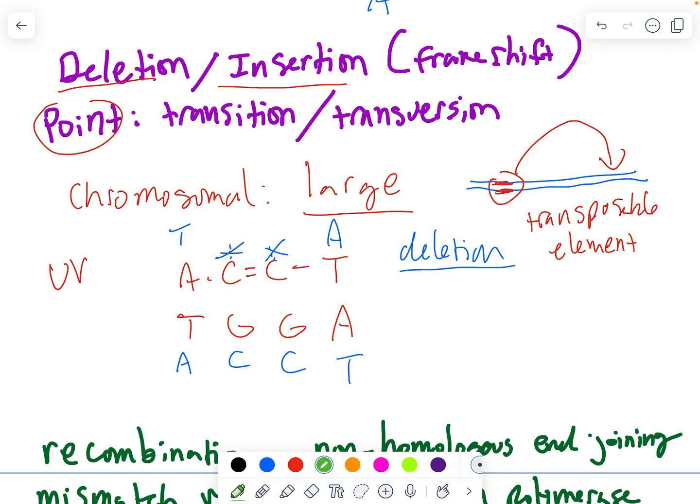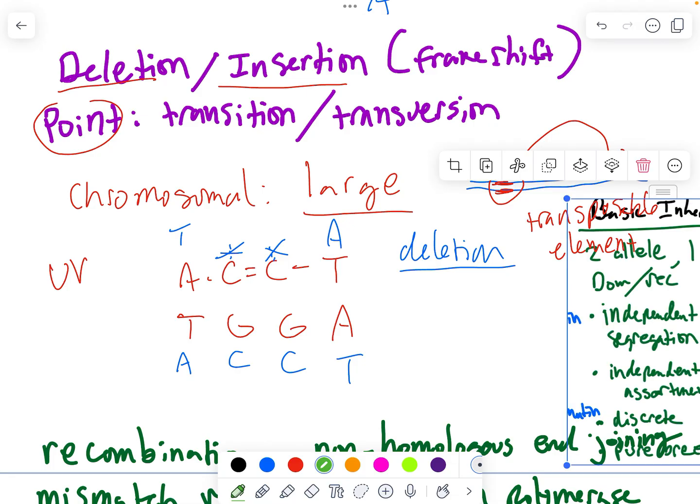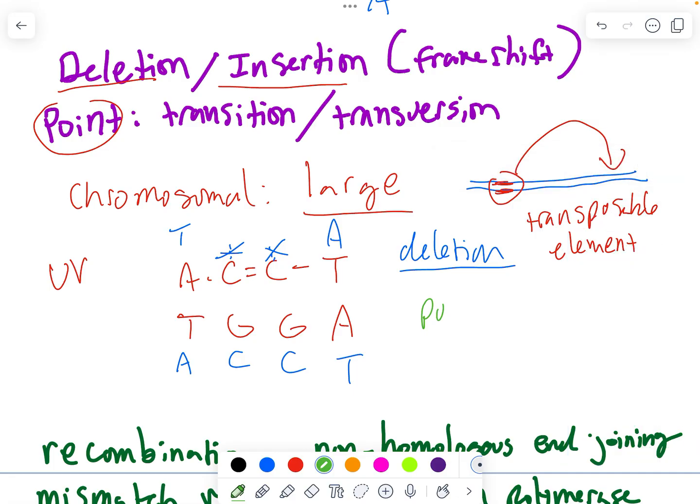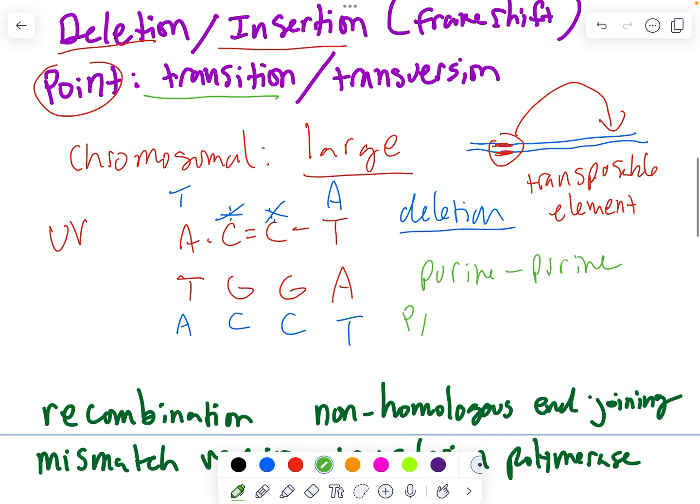And so when we're changing the behavioral properties of a base, then we're making it behave like something else. Anytime that we have a purine that is behaving like another purine, we call that a transition. And anytime that we have a pyrimidine behaving like a purine, or vice versa, then we call that a transversion.